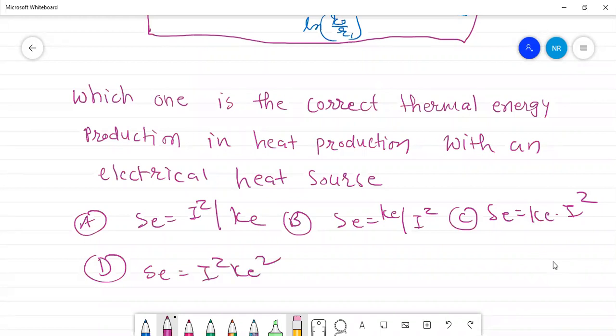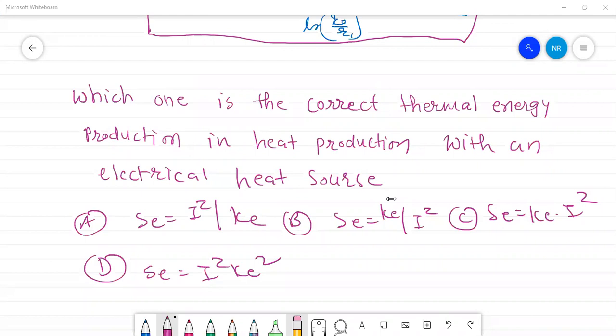I make this type of MCQ. So you should know, in electrical heat source theory, what will be the value of thermal energy production. According to it, what will be the correct option? Yes, this type of questions are asked.